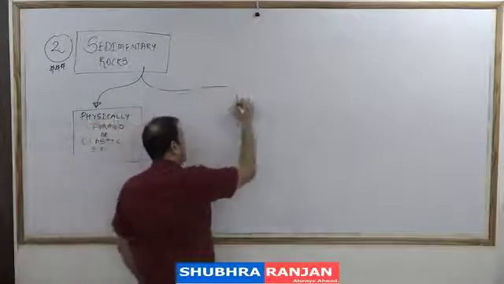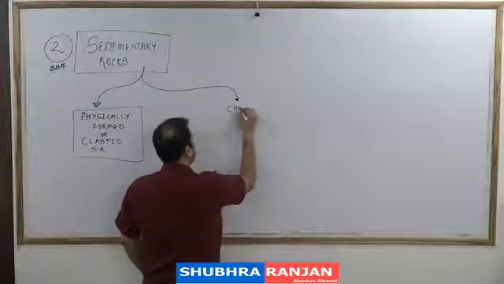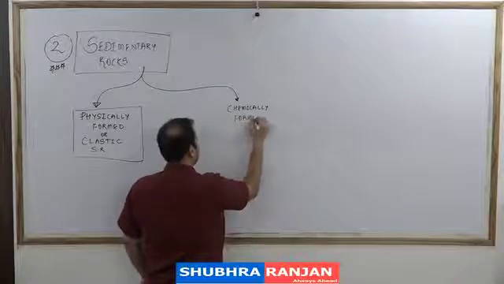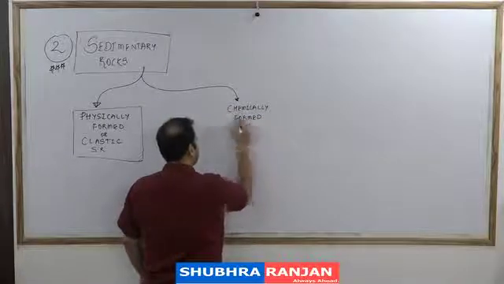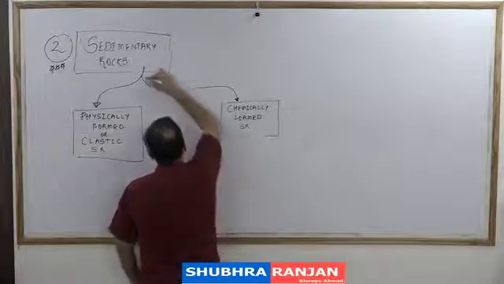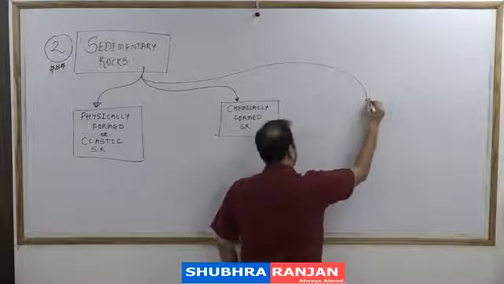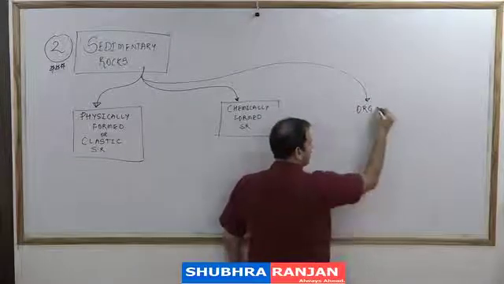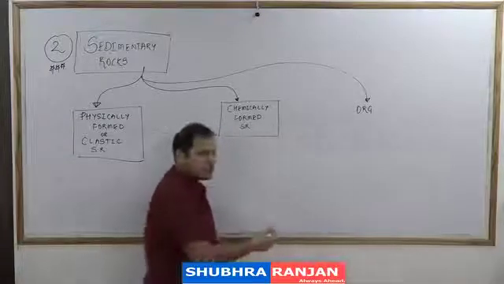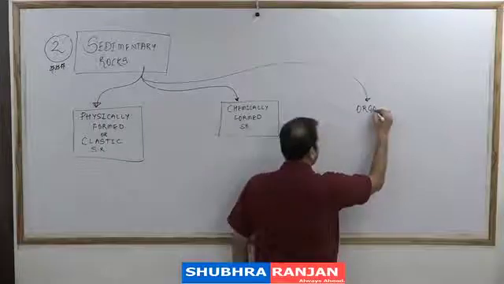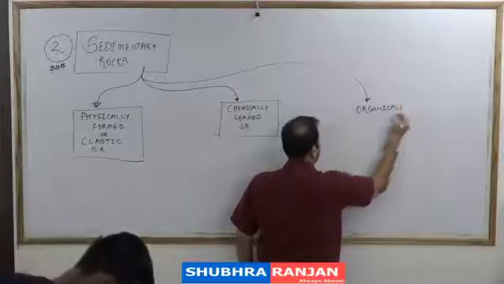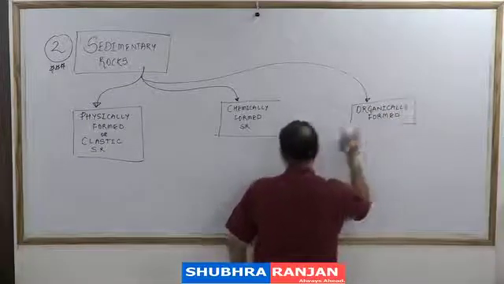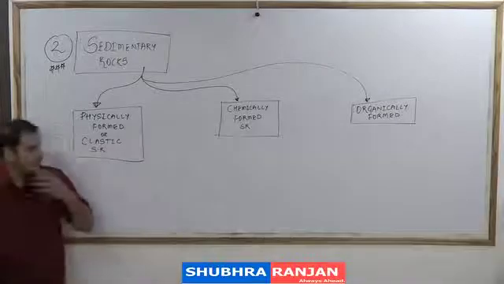Then chemically formed sedimentary rocks. And it can be physically or chemically formed, but it will be derived from organic matter, that is from dead living organisms, bones, etc., and we will call them organically formed sedimentary rocks. So there are 3 types of the sedimentary rocks.